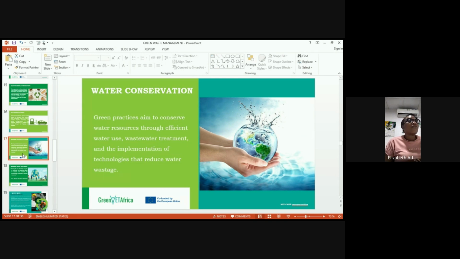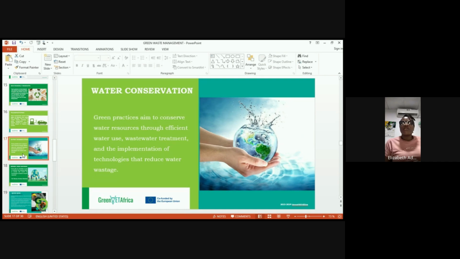So anytime you want to use the water, when you put your hand, it senses it and dispenses the water, gives you as much as you need, then it stops flowing. So these are all means to ensure that we promote sustainable use of water.